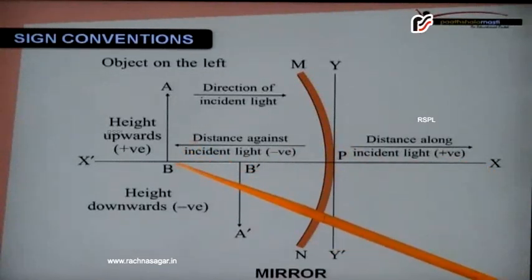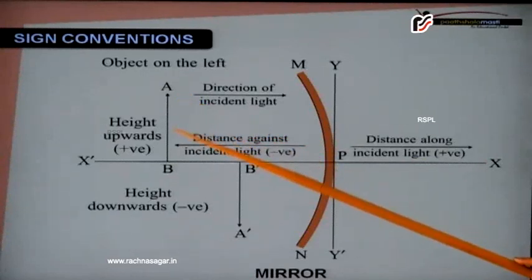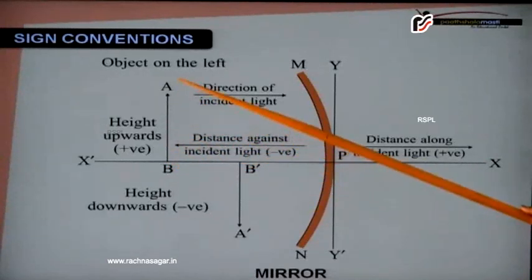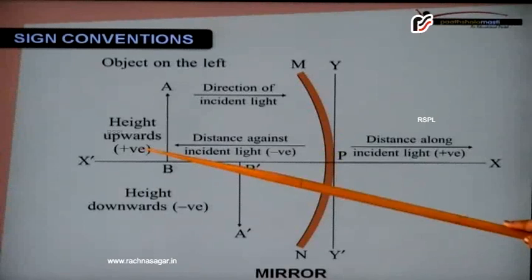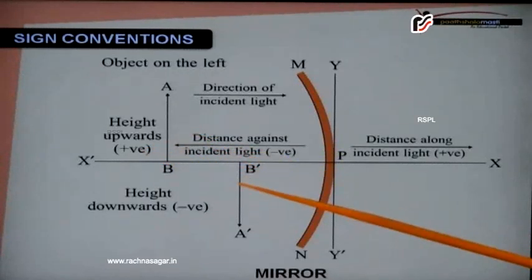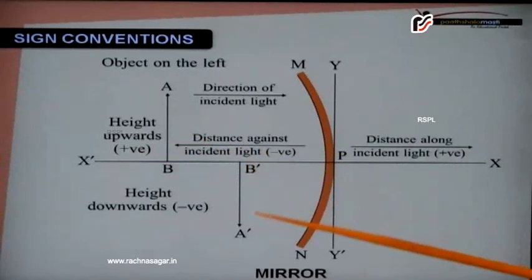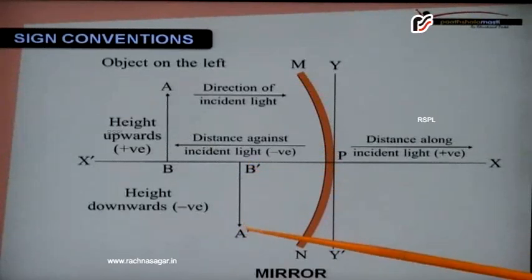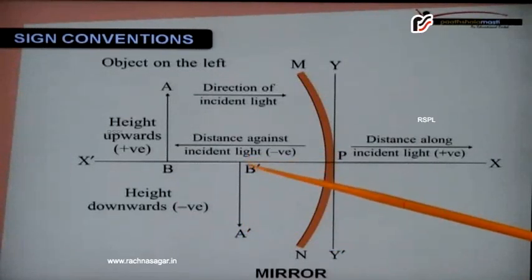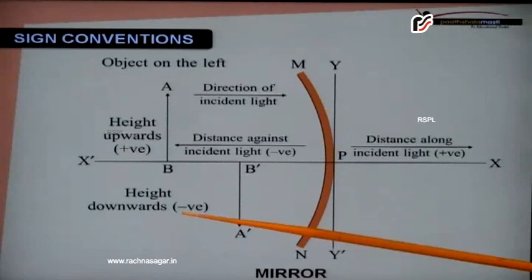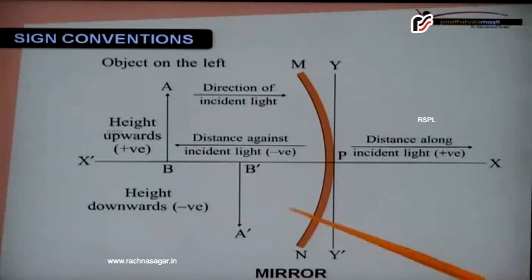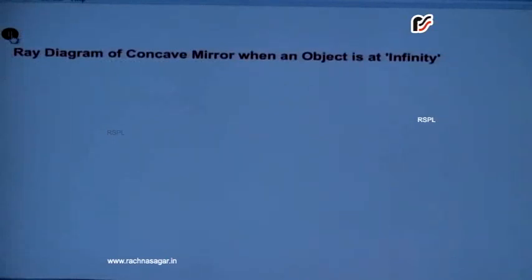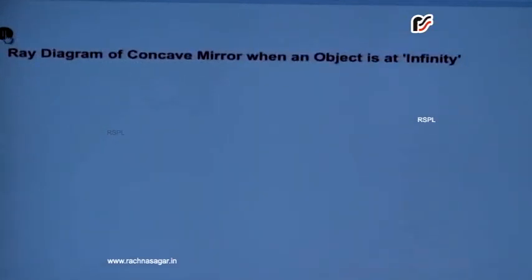Here, BA is the object which is vertically upwards, so the distance is taken as positive, and the image B dash A dash is in the negative direction of the y axis, or downward direction, so it is considered negative. Let us discuss the ray diagrams formed by a concave mirror.